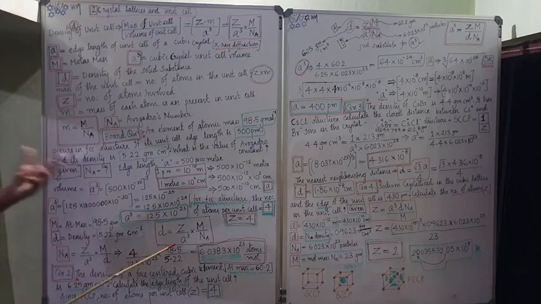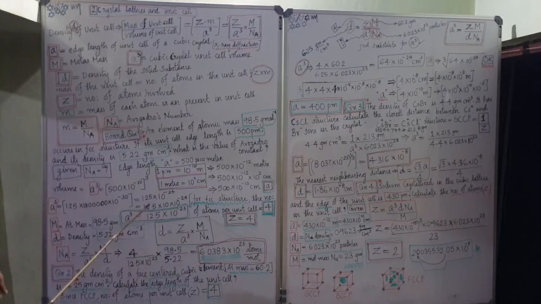For convenience in calculation, I will write 12.5. Again, 125 can be written as 12.5 into 10, so it becomes 12.5 into 10 raised to minus 23.